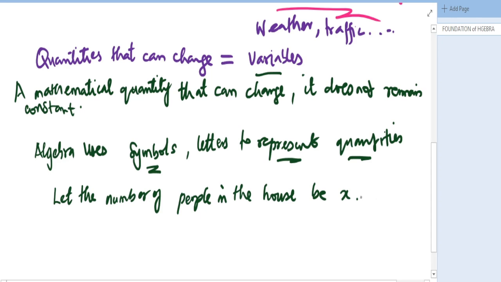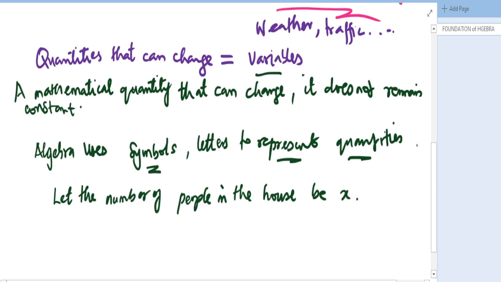Every time we talk about x, you just know that we are referring to the number of people in the house. This is how variables can be represented by letters or symbols.